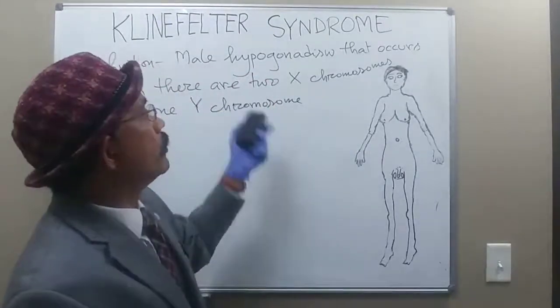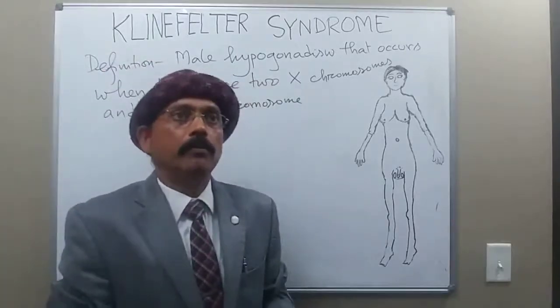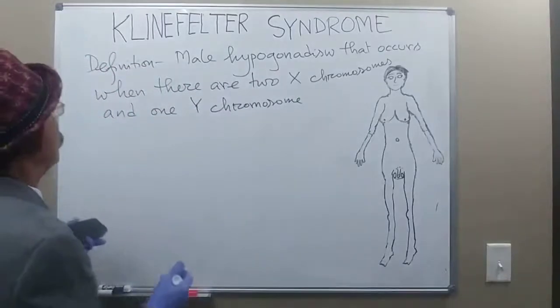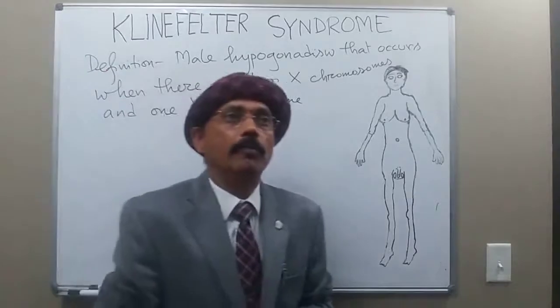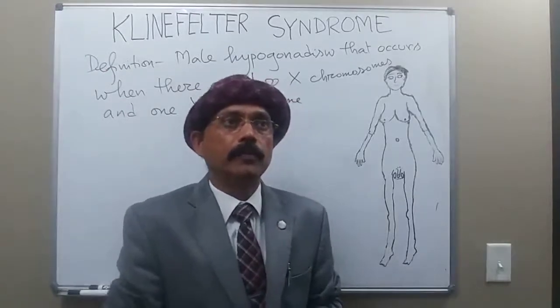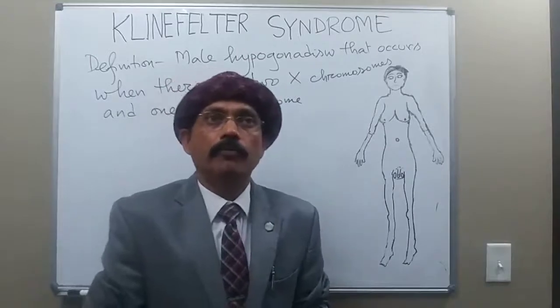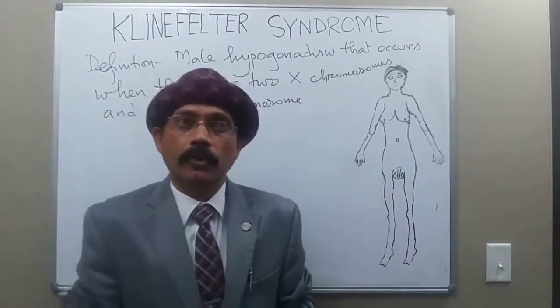We may have more than two X chromosomes and we have one Y chromosome. So this is one of the most common causes of male hypogonadism. It is one of the most common genetic diseases of the sex chromosomes.